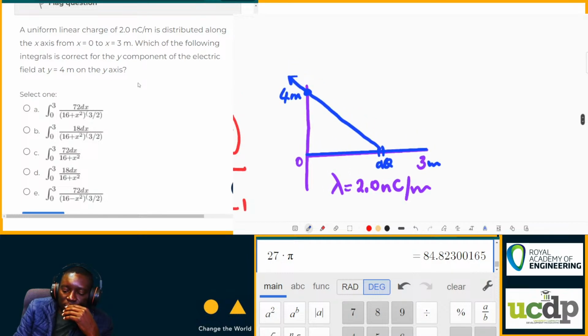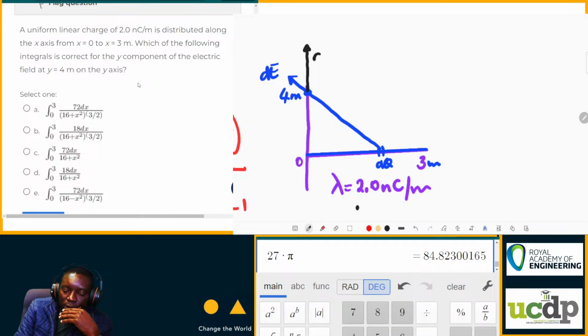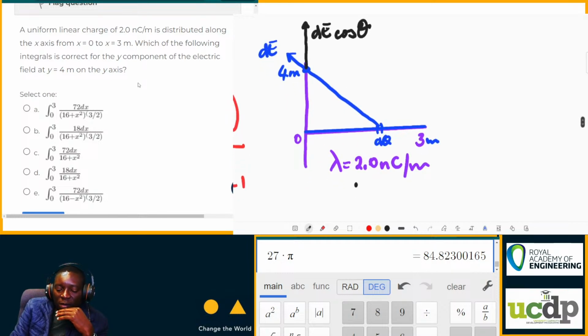So this field is dE and its component along the y is dE cos theta. Now if we have this as our x, this as our y, then this is root of x squared plus y squared, which is our r, the distance from the dq element to the point of measurement. Let me use small r.